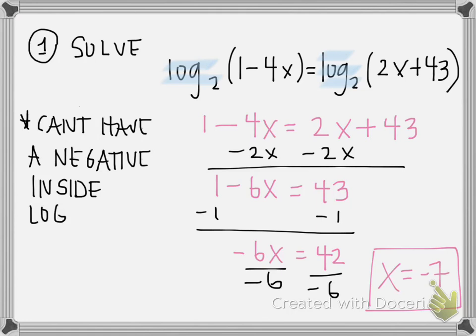So if you were to plug it in right here, 1 minus 4 times negative 7 would actually turn into a positive number there. 2 times negative 7 plus the 43, that's not a negative number either. So we're good with both of those. Okay?